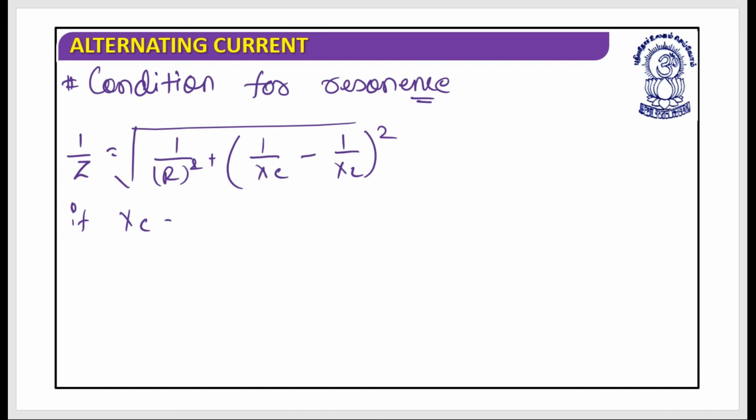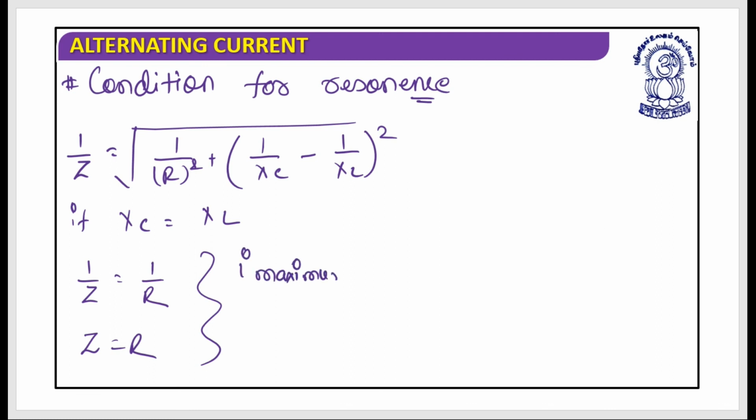So if XC equals XL, 1 by Z equals 1 by R, which means Z equals R. In this situation the current could be the maximum. So again, this would be the condition of resonance. Generally, this is what we call a rejector circuit. When you want to reject something, you need to connect them in parallel. And the series RLC circuit is generally the acceptor circuit.